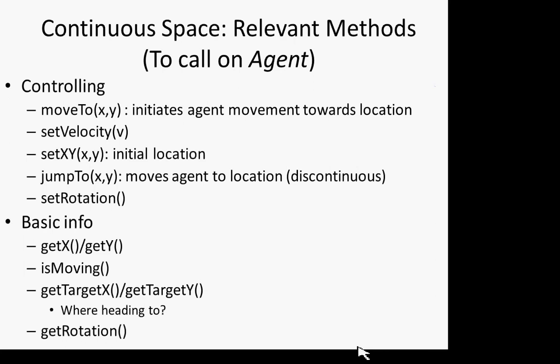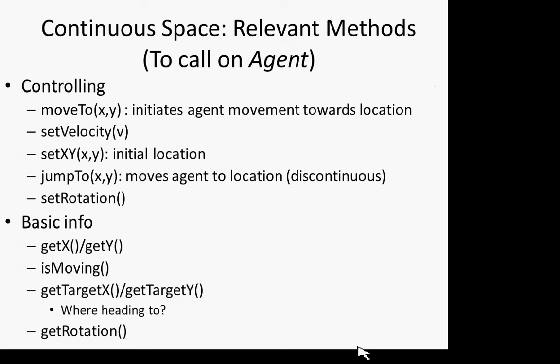We can also set their initial location in the space using a separate primitive, set x, y, and we can set their rotation so that the icon associated with them appears in a different form. In other words, the presentation that we add to the agent will simply be rotated around.